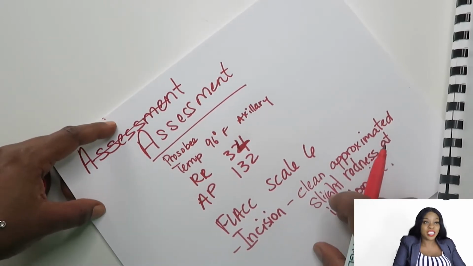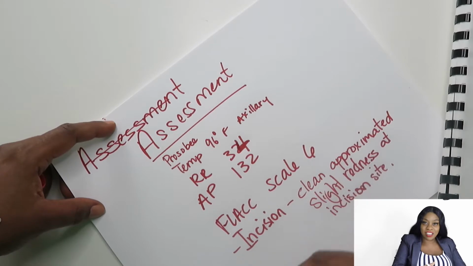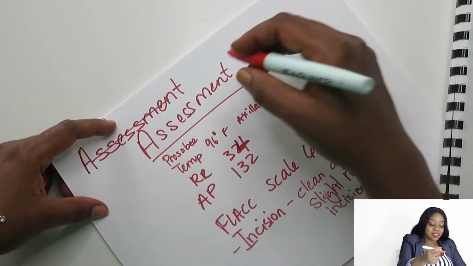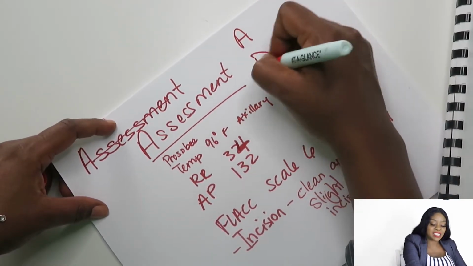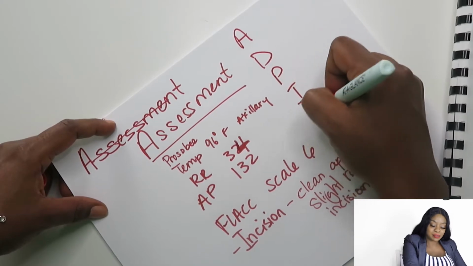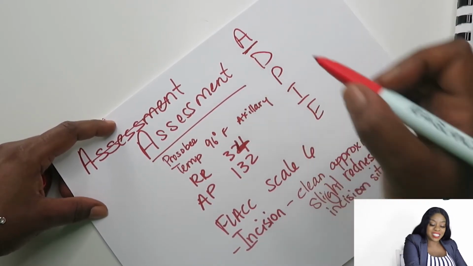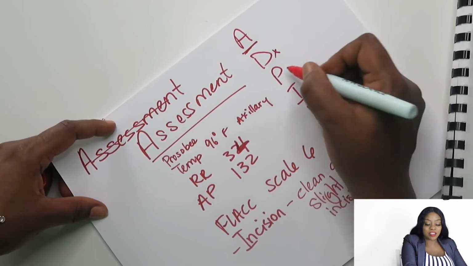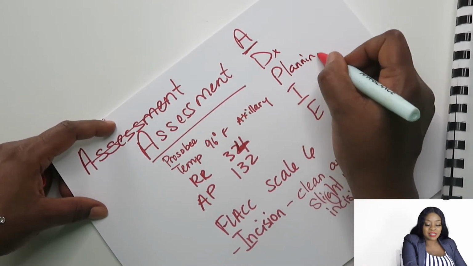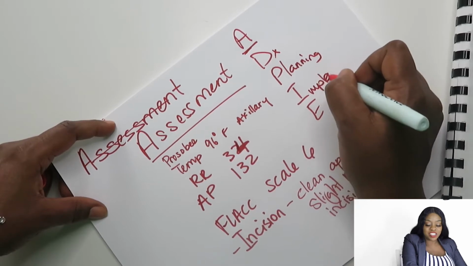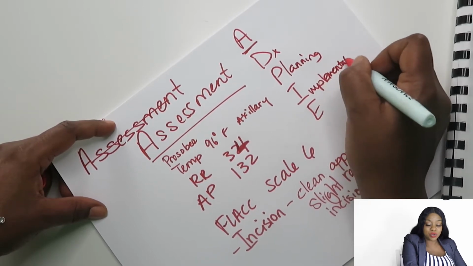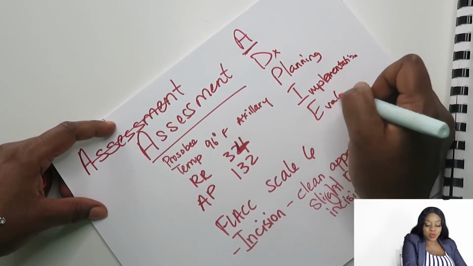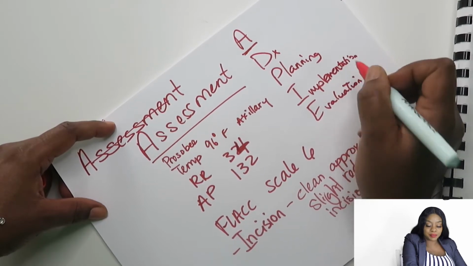Whenever you're thinking nursing process, thinking care plans, remind yourself ADPIE. Assessment is the first step, and that's where we're at. Then of course there's diagnosis, planning, implementation of what the nurse will do, and evaluation, of course.